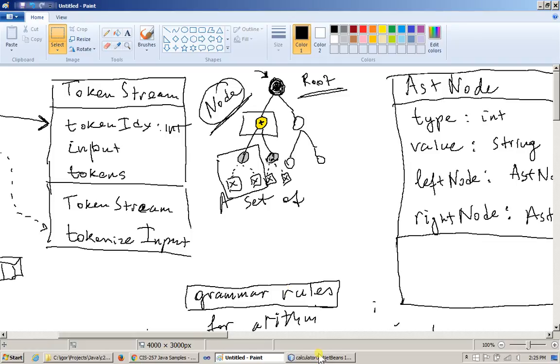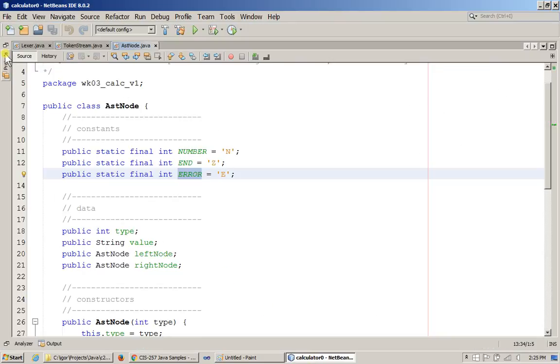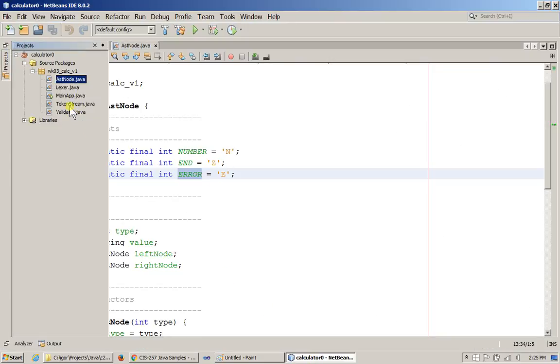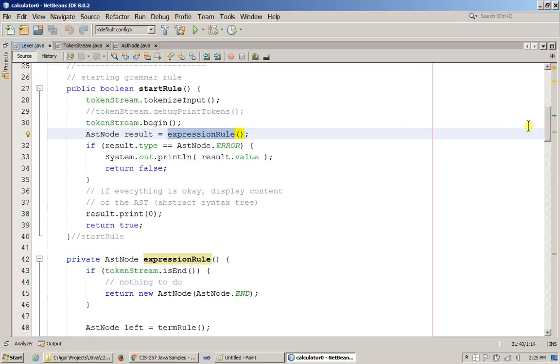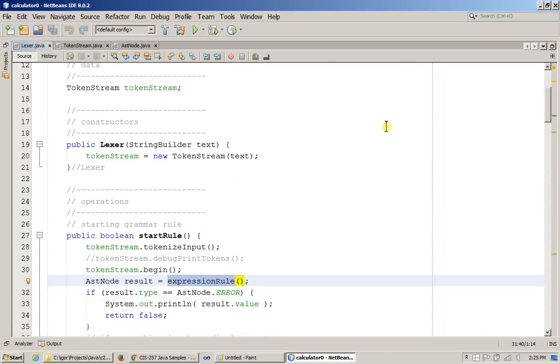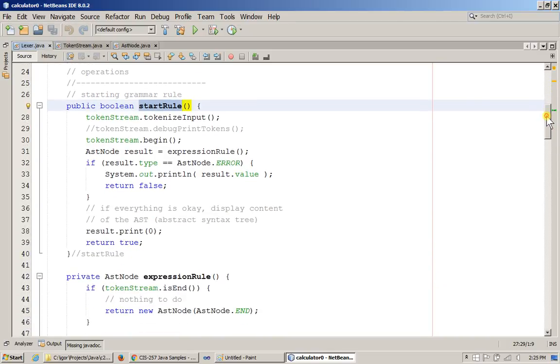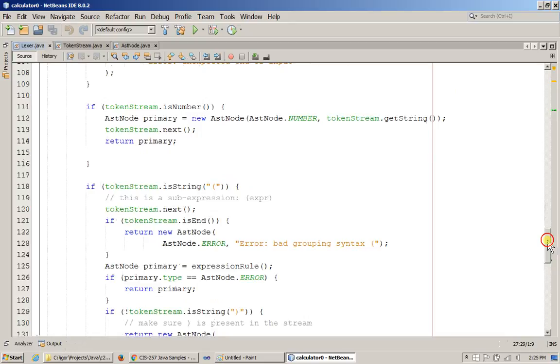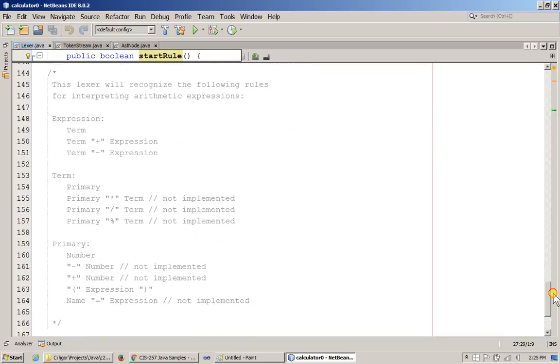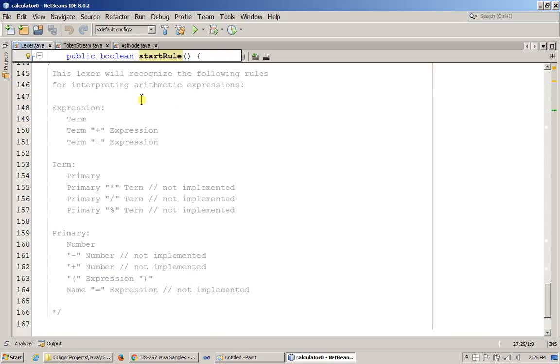And so with this in mind, let me show you what I did here. At the end of the Lexer class, which so far we looked at its constructor, which constructs the token stream, and its start rule, which basically starts off the things, at the bottom of this file, I put together a set of what I refer to as syntax rules, or grammar rules, to deal with arithmetic expressions.